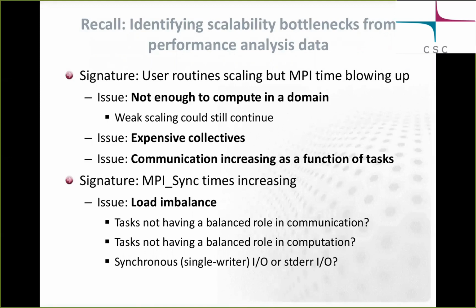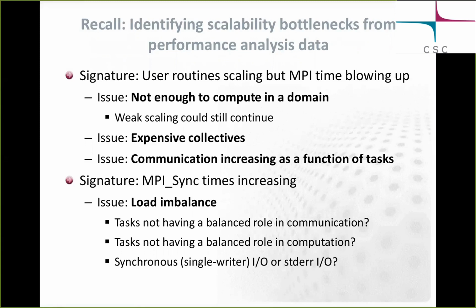The time spent in those routines is reduced by perhaps a factor of 2. But the total execution time is not reducing because the time spent in MPI is blowing up.